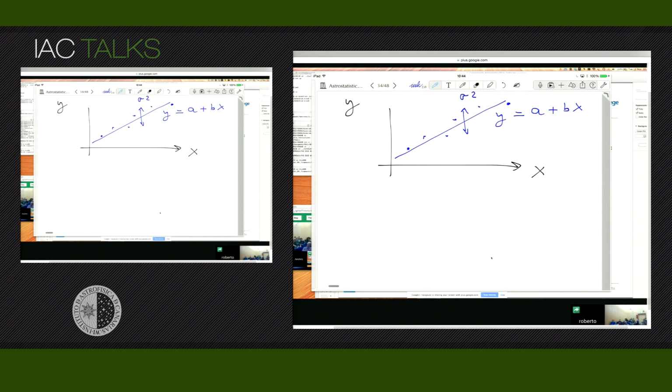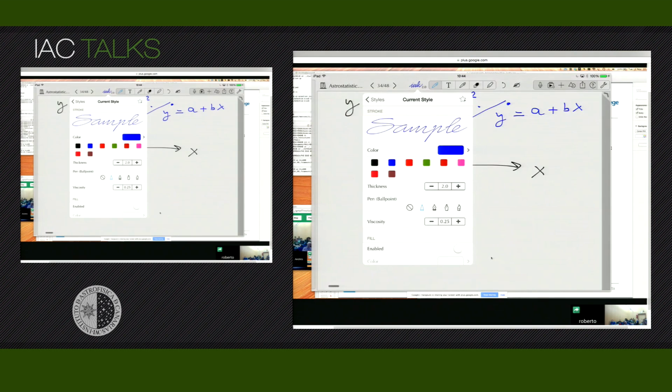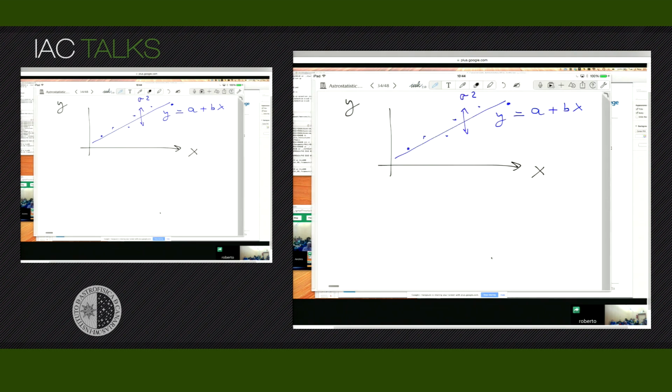Then we add measurement noise, which further scatters the points in the x direction and in the y direction. So this point will be scattered to this location, and this point to this location, and then we have measurement errors on both of them. And that's our model here.